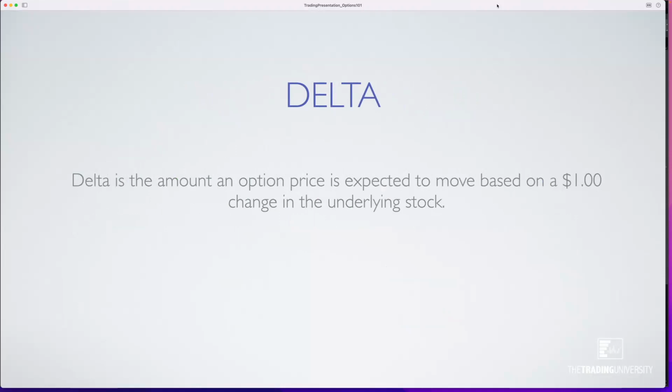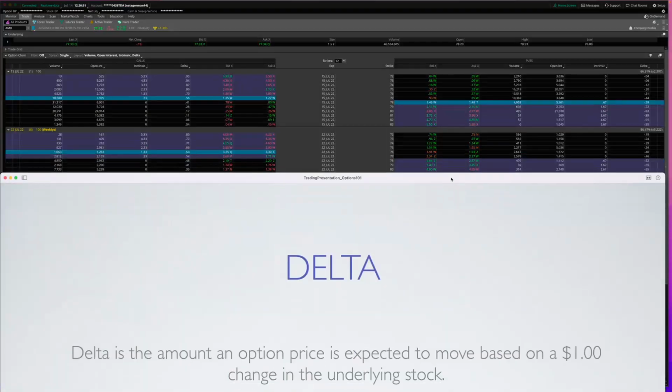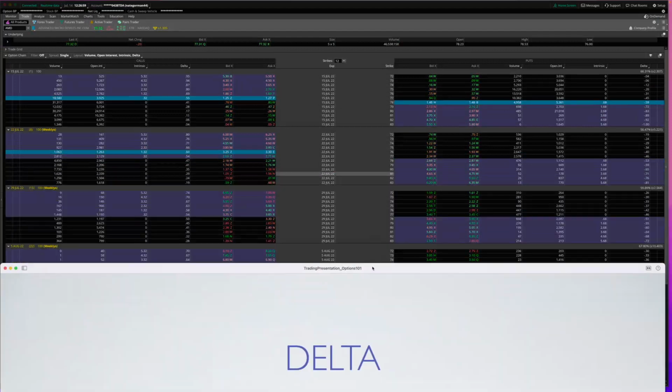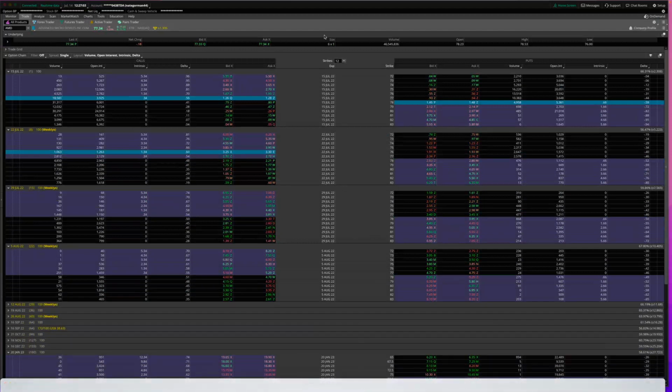Delta is the amount an option price is expected to move based on a $1 change in the underlying stock. And this is kind of an important one, and it is really important when we talk about the strike price in an option. And this is one I'll probably talk about the most.